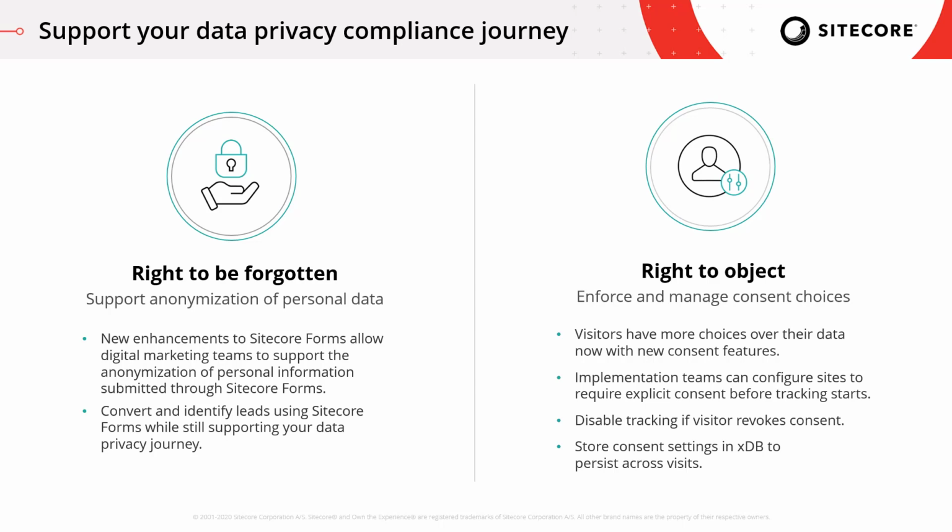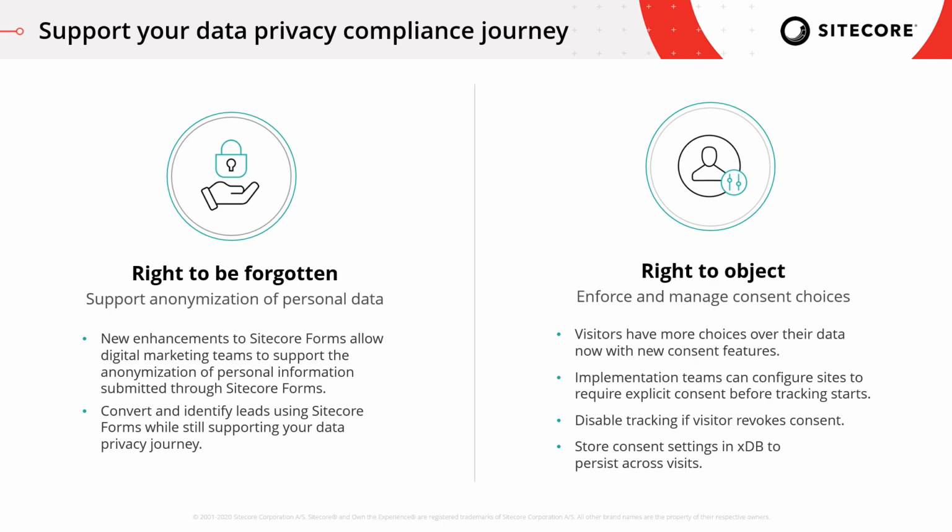Now, a second change in this release regards making it easier to enforce and manage consent choices. Visitors need to be able to consent to being tracked, and marketing teams need to store these choices and make decisions on them. The new consent management tools available in the platform allow for implementation teams to configure sites to require explicit consent before the Sitecore tracking will begin.